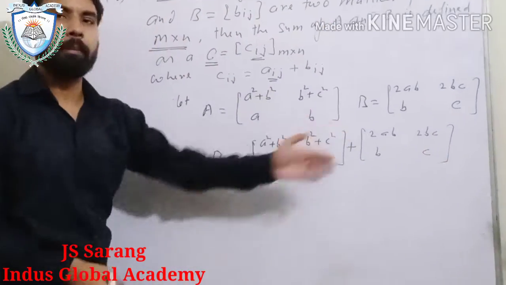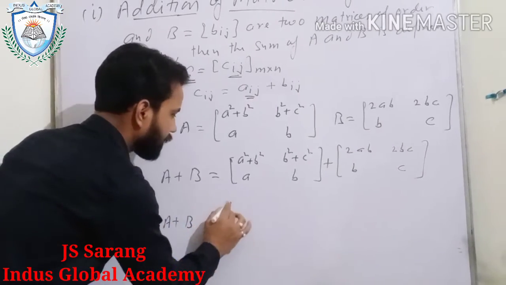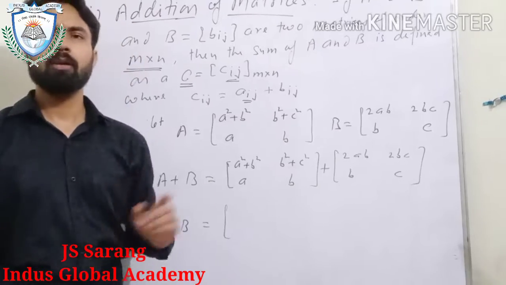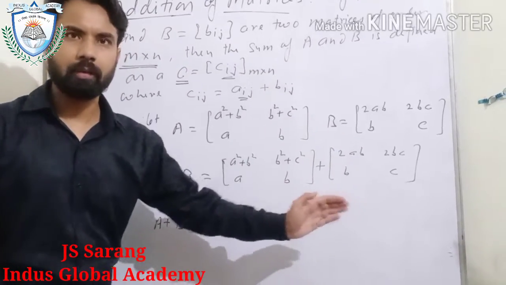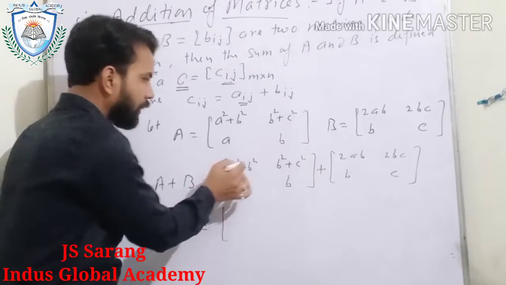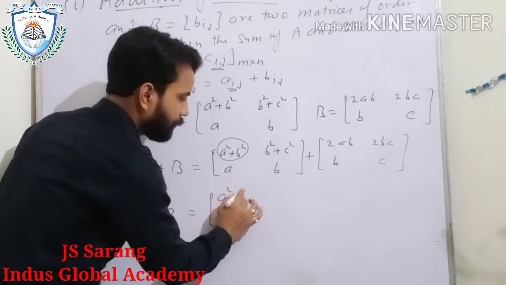Now we want to add them. What is the method for finding the sum of matrices? We will have to add the corresponding elements of both the matrices. You understand what the corresponding elements are? Yes. So the very first element of this matrix is A square plus B square.